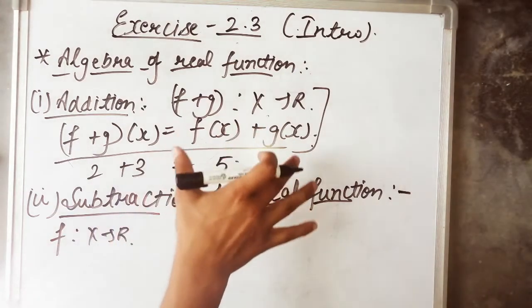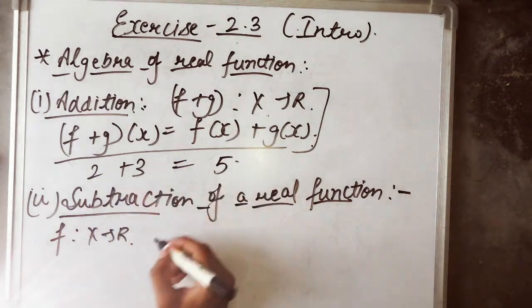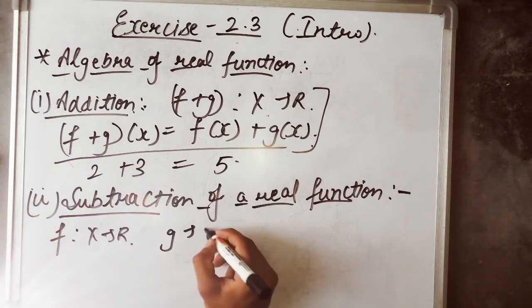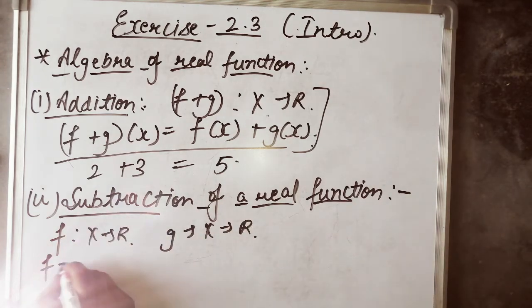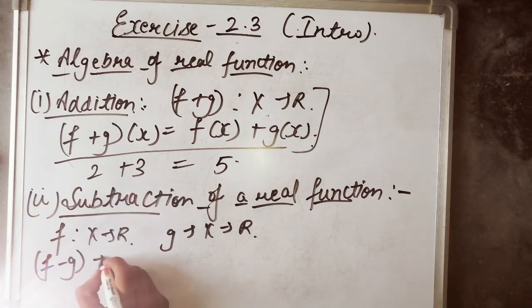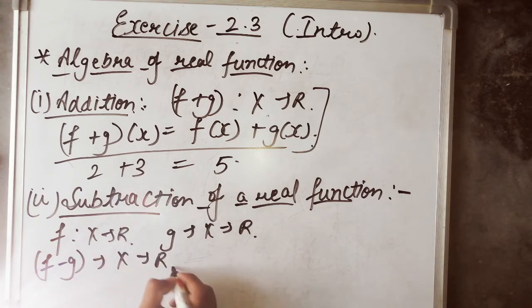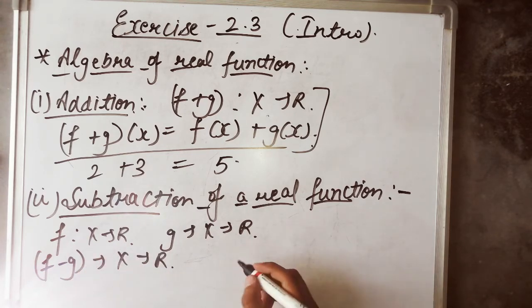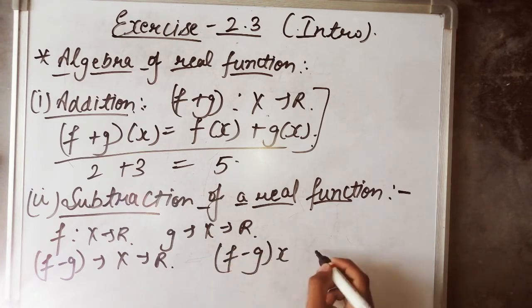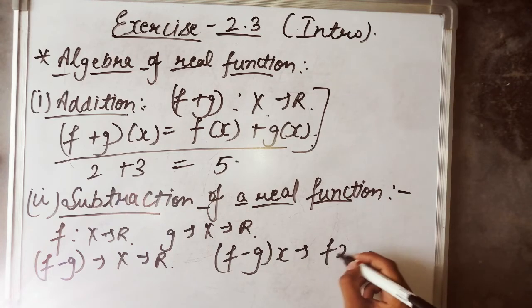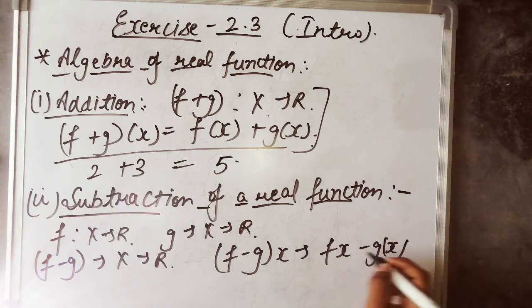I'm writing here because I didn't write it there. And the other function g is also defined on x to R, and combined we can write f minus g is defined on x to R, and when we need to define this we can write it as f x minus g x simply.